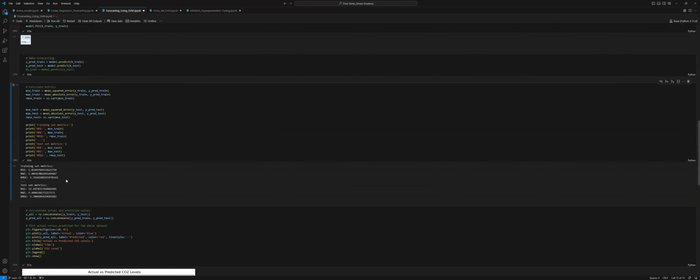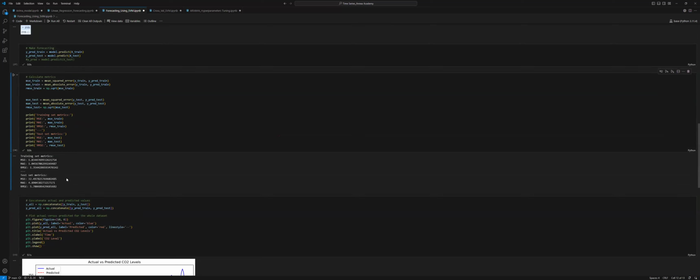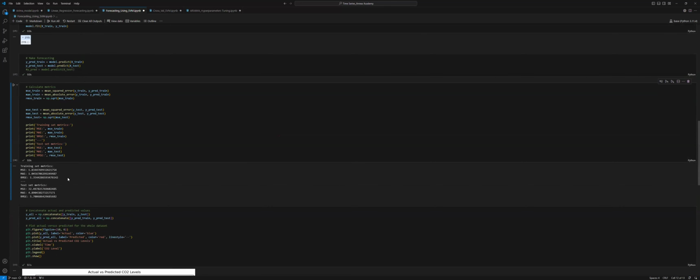Now you can see that the errors we got from this model are very low, more especially if you look at the training set metrics. We have 1.8 for MSE, 1.04 for MAE, mean absolute error, and 1.35 for root mean squared error for the training set evaluation metrics.